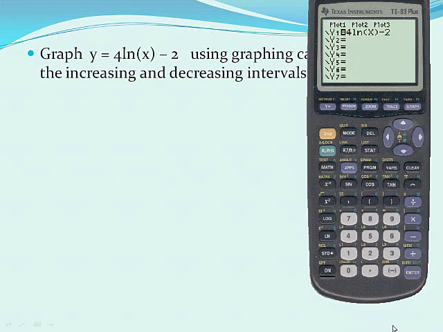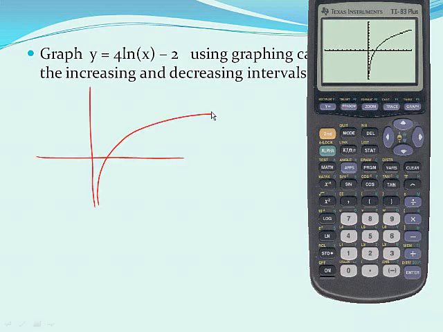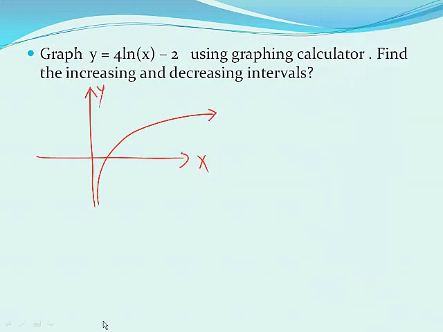In this example, we are graphing y equal to 4 times log of x minus 2. We type in the formula, and if you select an appropriate window and press graph, we will get the graph like this. Notice that this graph is increasing, and we need to find the increasing and decreasing intervals. This graph is consistently increasing for x greater than 0.